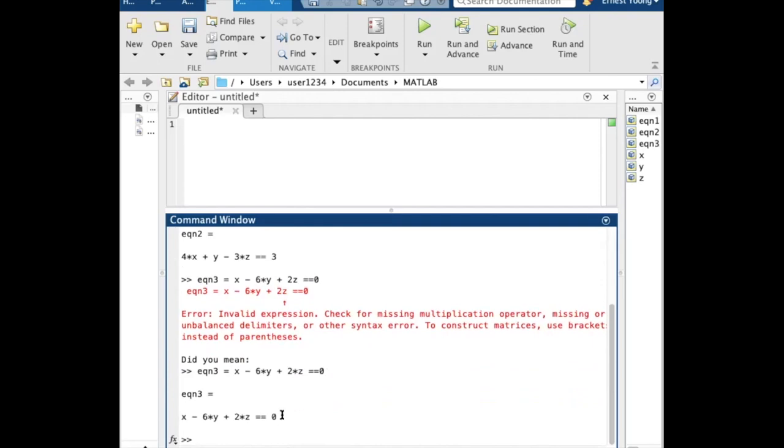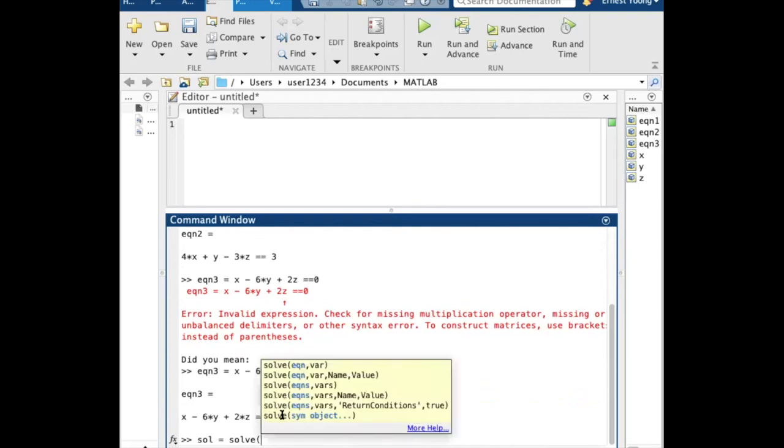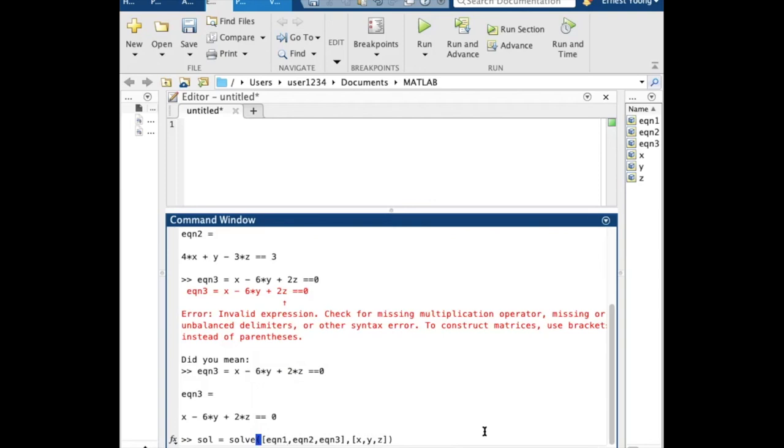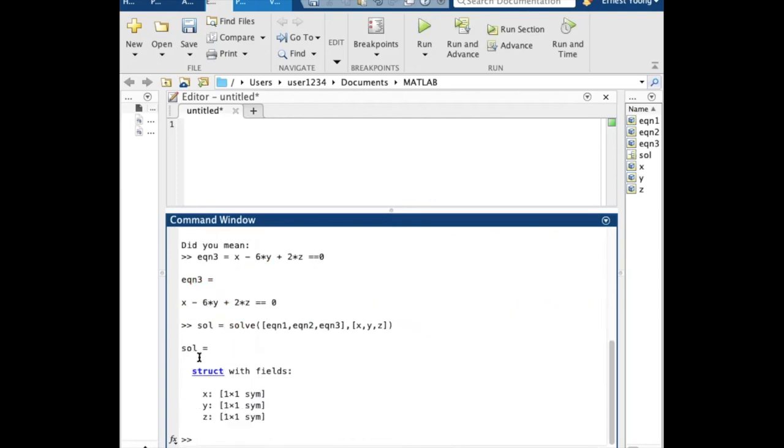Okay, so I need to solve. I say my solution is equal to solve. I have 3 equations right now, so I put a square bracket and I put equation 1, comma, equation 2, comma, equation 3. And then the 3 variables, x, y, and z. Bracket and I solve. So you see, again, my solution in x, y, z. In order to show it, I can say x is equal to solution.x.